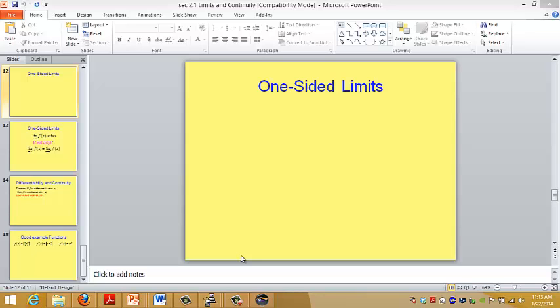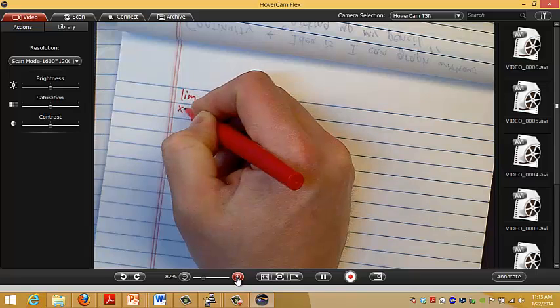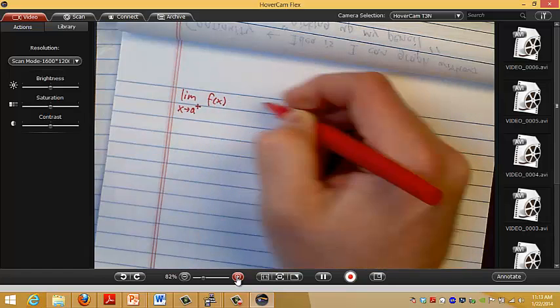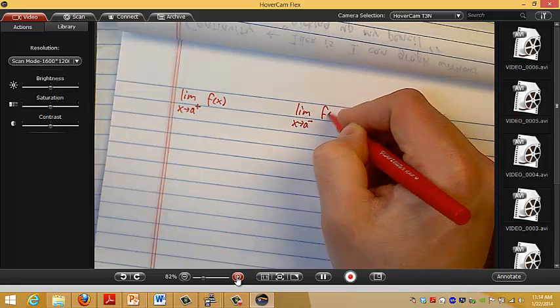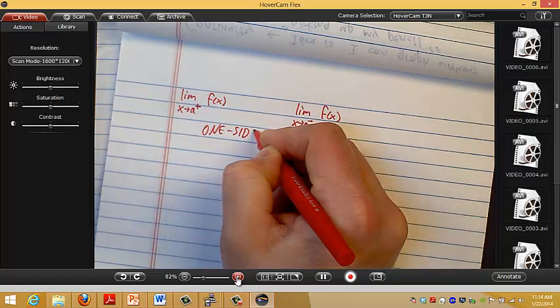I used the notation that if you're coming in from the right side, you will write, for example, the limit as x approaches some value a from the right side of f of x. And we want to talk today about the limit as x approaches a from the left side of f of x. And these are called one-sided limits.